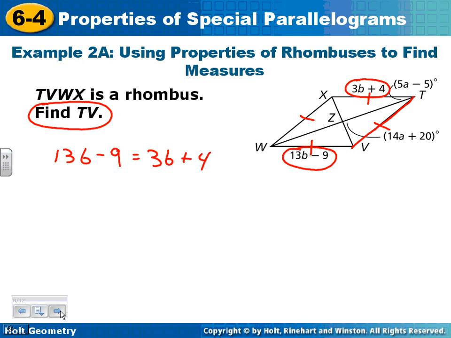So if I subtract 3b, I get 10b minus 9 is 4. And if I add 9, 10b would be 13, or b is 13 tenths.